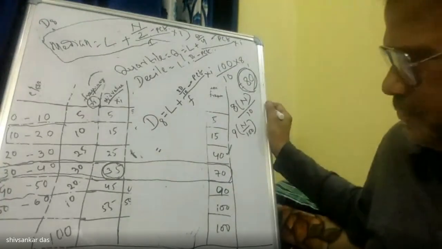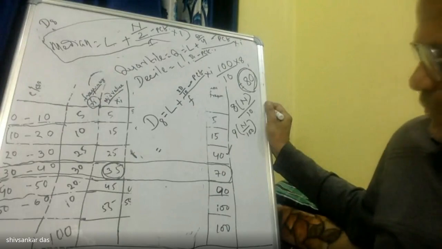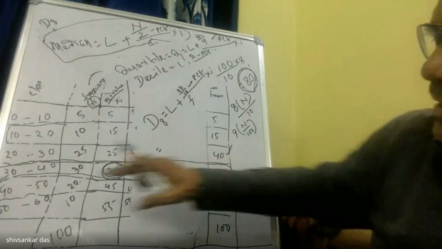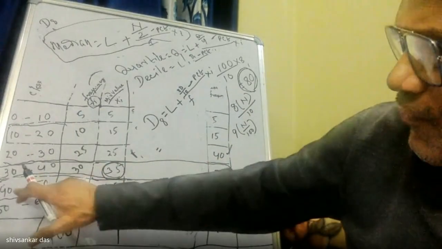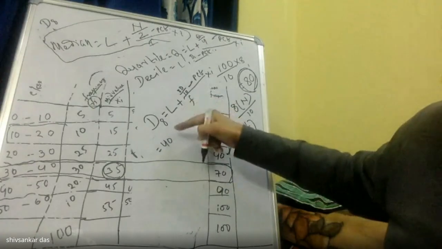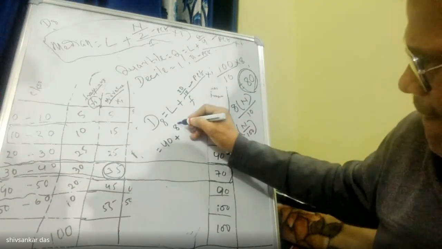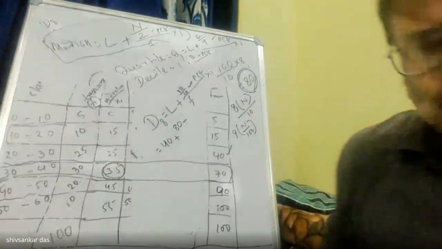It is in the 40 to 50 class. The lower limit of the D8 class is 40, so L is 40, plus 80 minus the previous cumulative frequency 70, divided by the frequency 20, into 10.